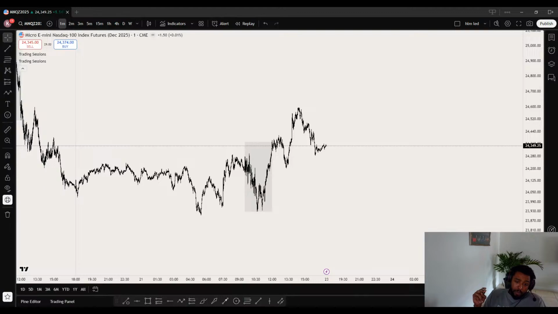ICT used wicks just how he used gaps. The same way you would look at how price reacts to a fair value gap is the way you look for it in the wick. You want to see it respect the wick, respect the consequent encroachment of the wick, which means the 50% range of the wick.